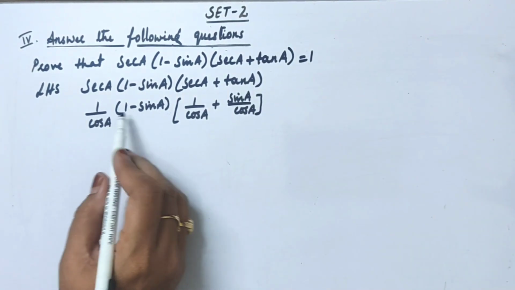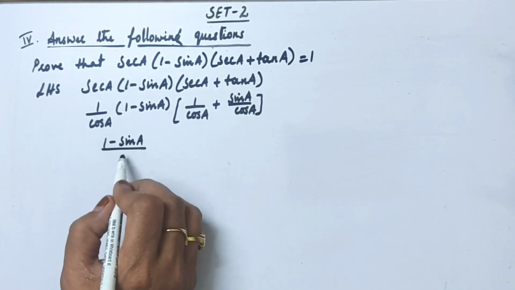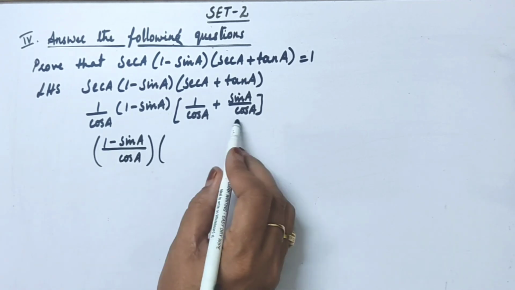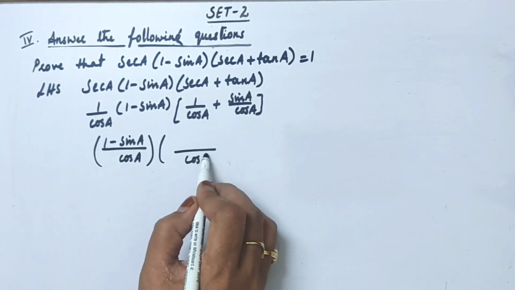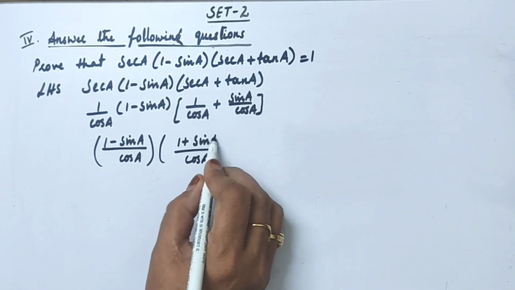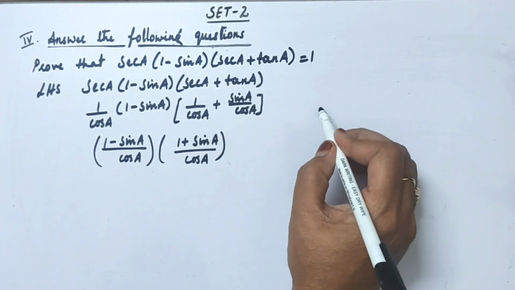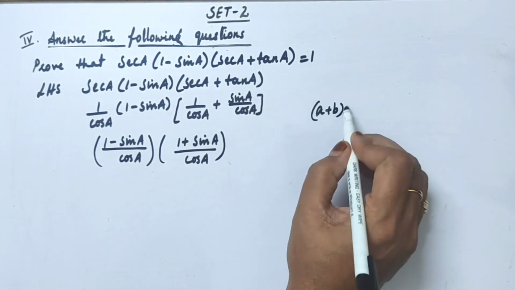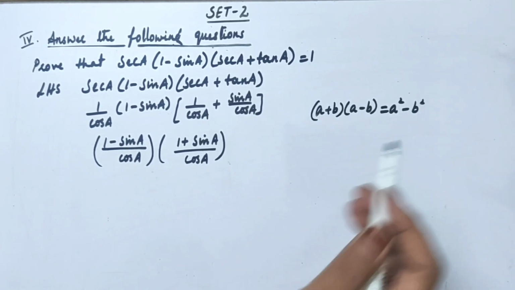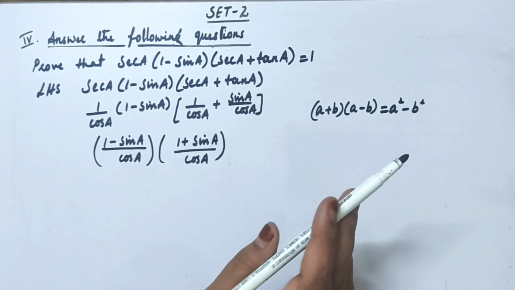Here you can see in the numerator we have got 1 minus sine A upon cos A. Now here you can see both the denominators are the same. Let me write the numerators as it is, 1 plus sine A. Fine. Now it is a product here. We know (A plus B) into (A minus B) equals A square minus B square.